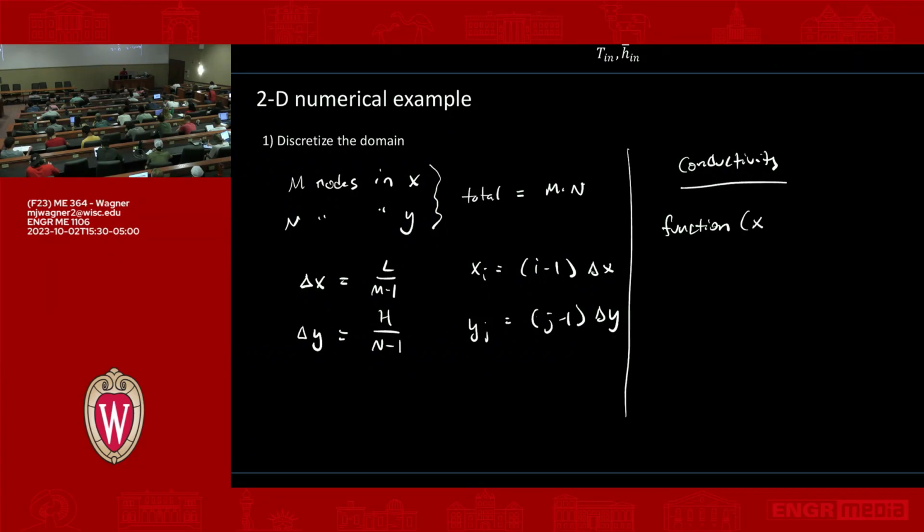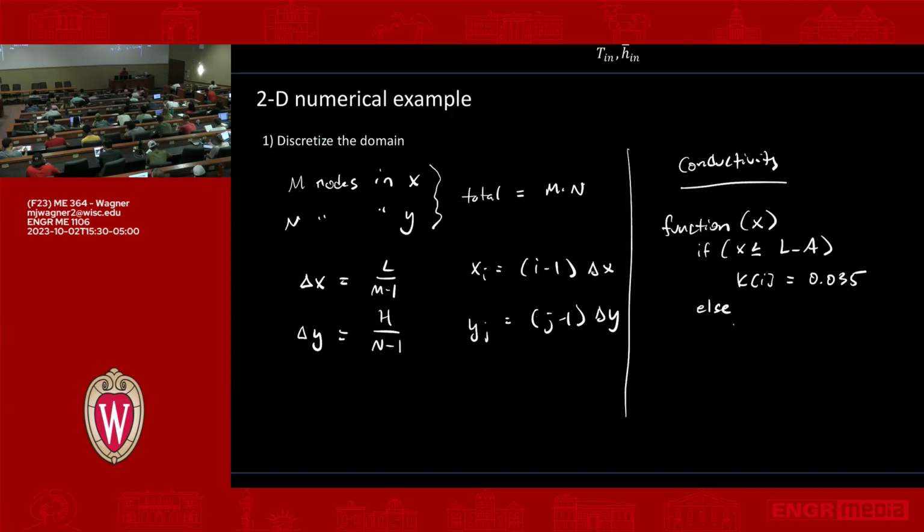The function is going to take the position x as an argument. I'm going to have a conditional, which you can do in functions in EES. So I'm going to say if x is less than or equal to L_A, I guess that's what I called that first part, then we'll assign k_i for the ith node to be equal to 0.035.